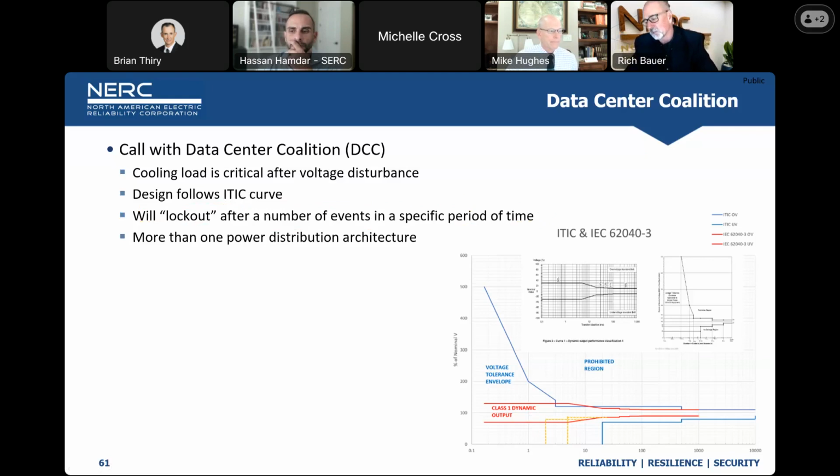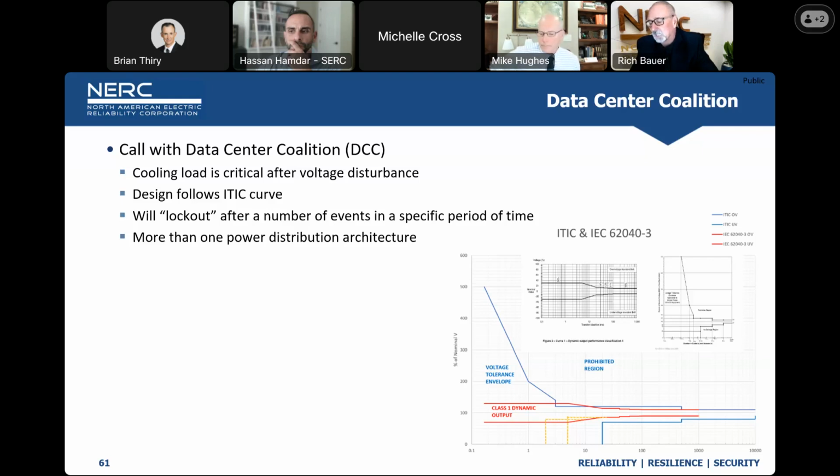But then there's also an international standard, IEC 62040, that has created curves. And basically that's what those curves show. And once again, I apologize because I know it's a little bit of an eye chart, so you can't really see them. But that's actually what is defining the sensitivity.